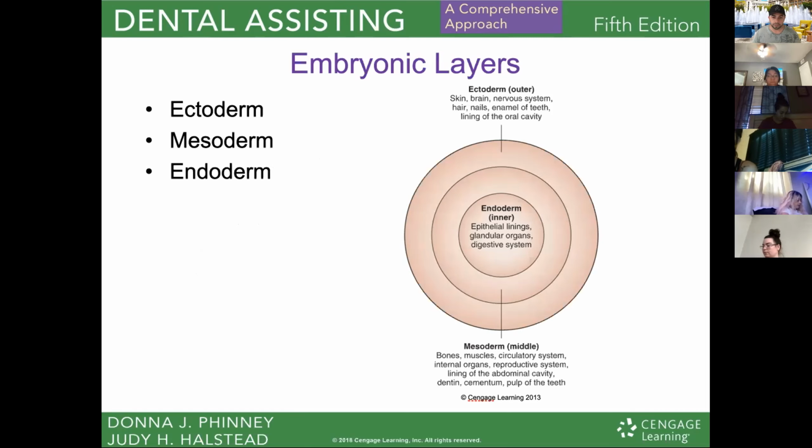The mesoderm, which is the middle layer, differentiates into the lining of the abdominal cavity, bones, muscles, circulatory system, reproductive system, internal organs, dentin, the cementum, and the pulp of the tooth. The endoderm is the very center of the embryonic layer. That differentiates into the epithelial lining of the respiratory system, the glandular organs, and the digestive tract.